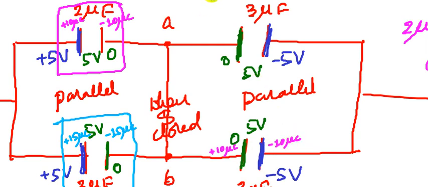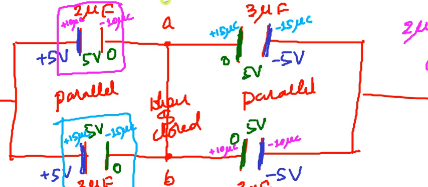And meantime, we can do the same thing for this upper capacitor, because this upper capacitor 3 microfarad is equal to the lower left capacitor. So that means it is again storing a plus 15 microcoulomb and minus 15 microcoulomb here.